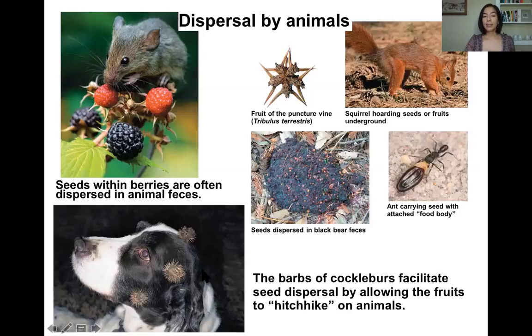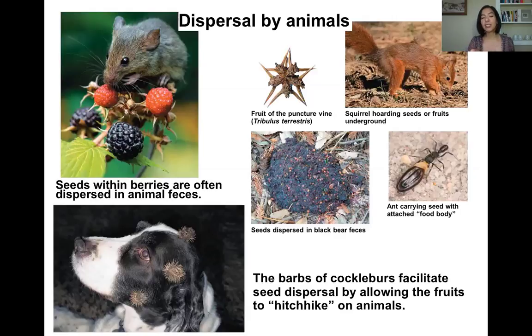Other plants have animal dispersal, but not because they reward the animal with fleshy fruits, but more because the plants have some hooks, such as in the cockleburs. Here, you can see this dog that is covered with these cockleburs that got attached, and the fruits get hitchhiked by the dog.